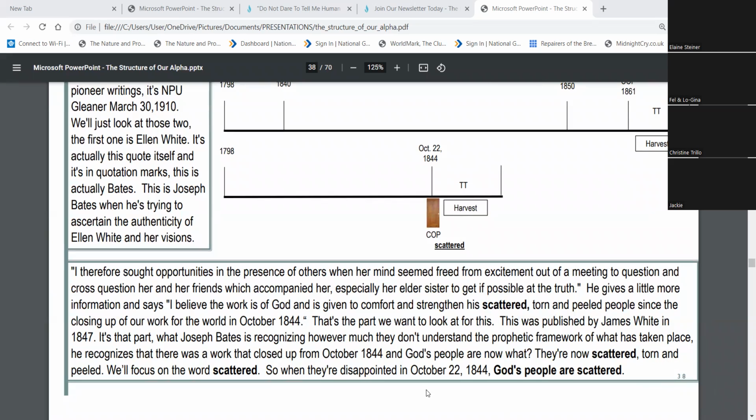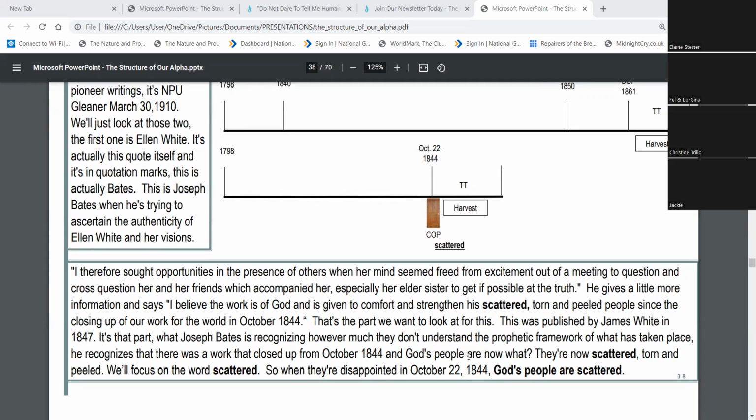He gives a little more information and says, "I believe the work is of God and is given to comfort and strengthen his scattered, torn, and peeled people since the closing up of our work for the world in October 1844." That's the part we want to look at for this.